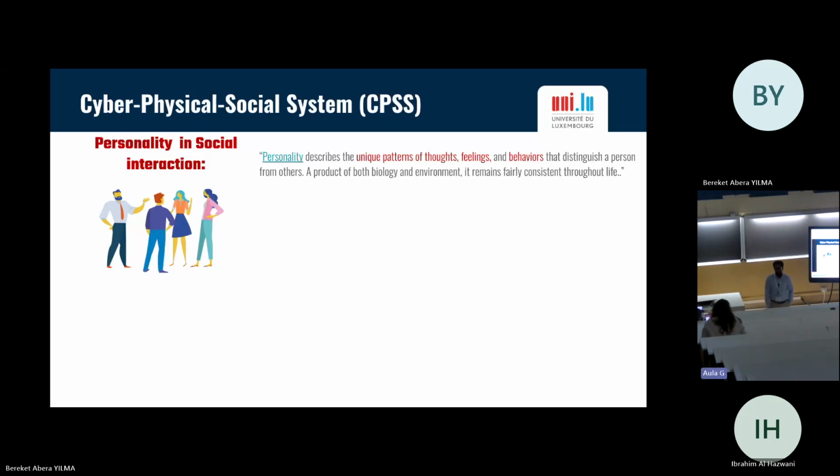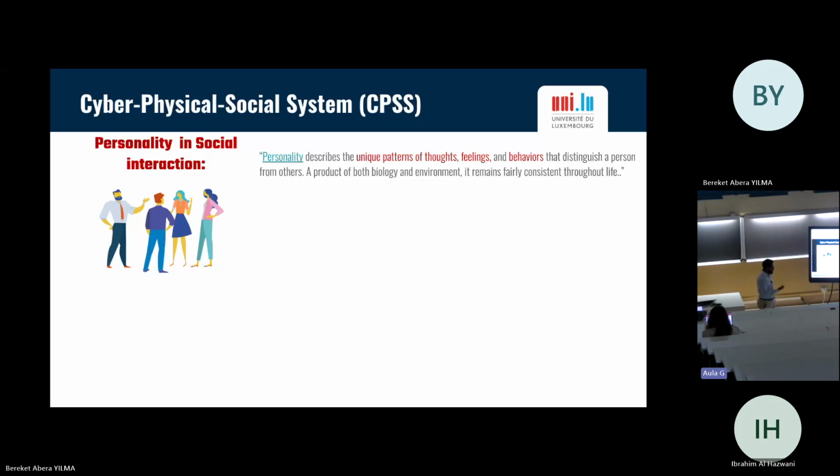What is stable and unique about a person? Yes. If we look at textbook definitions, for example, this definition states personality describes unique patterns of thoughts, feelings, and beliefs that distinguish a person. And it's supposed to be a combination of your biology and your environment, which makes you who you are, right?